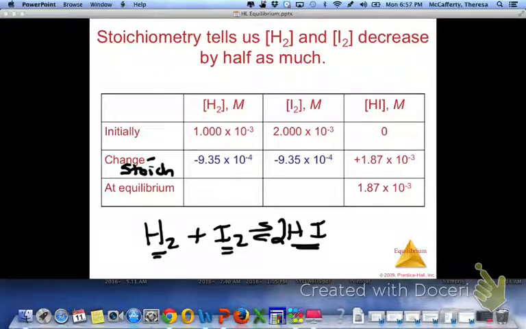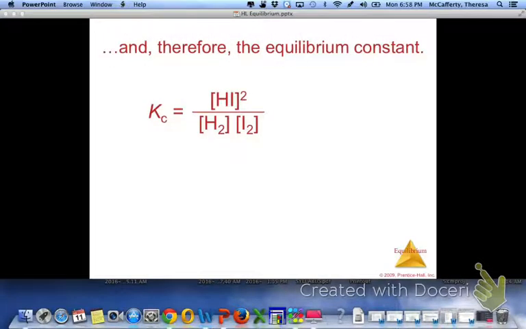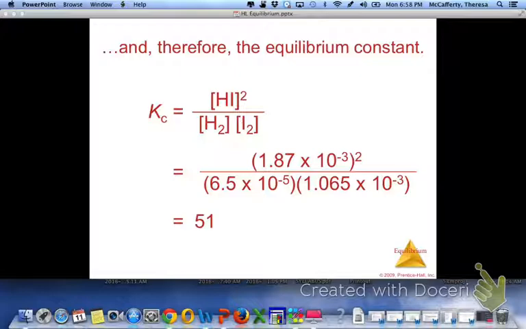Then at equilibrium, I'm going to have the initial concentration minus the change, and this is my new equilibrium concentration. Now I can just plug those into the equilibrium constant and come up with a value for that constant.